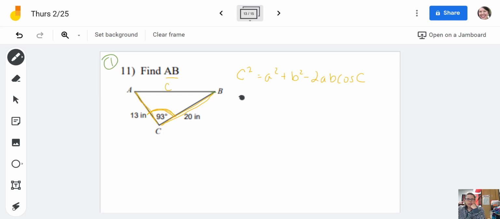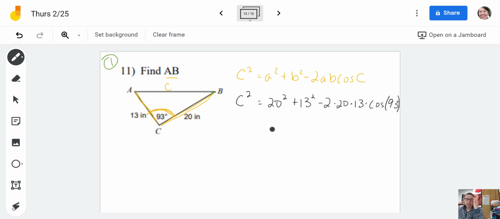Here, I have C squared. I'm going to plug in A, so that's 20 squared, plus B, which is 13, so 13 squared, minus 2 times 20 times 13 times cosine of the angle measure across, which is 93.